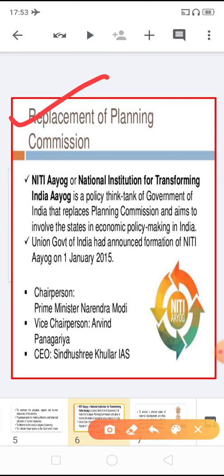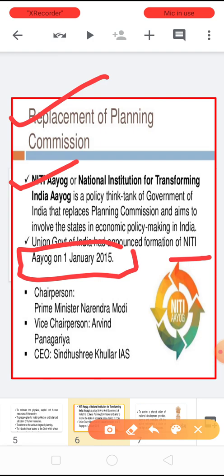Niti Aayog, or the National Institution for Transforming India, is a policy think tank of the government of India that replaces the planning commission and aims to involve the states in economic policy making. The Union Government announced the formation of Niti Aayog on January 1st, 2015, and Prime Minister Narendra Modi is the chairperson of this Niti Aayog.